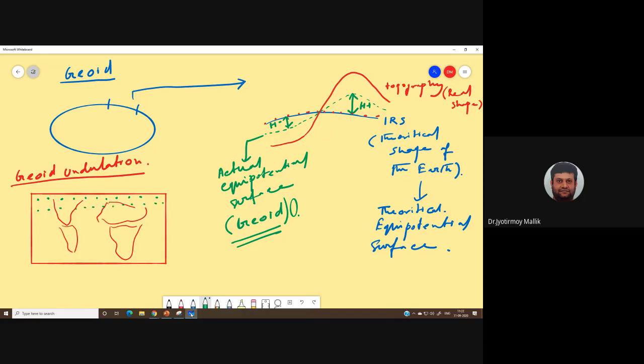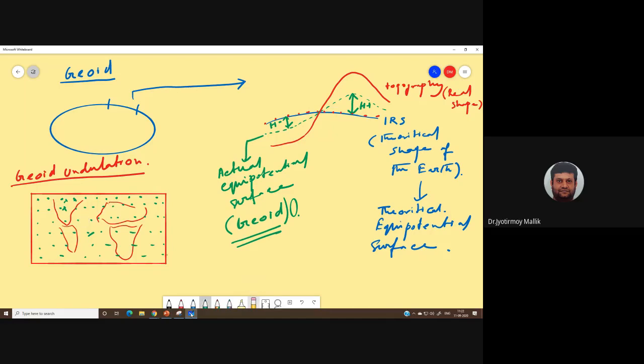as close as possible. This depends on how good the measurements I have done. At each point, I can measure the value of H. Okay? In some places, H will be positive. In some places, H will be negative.